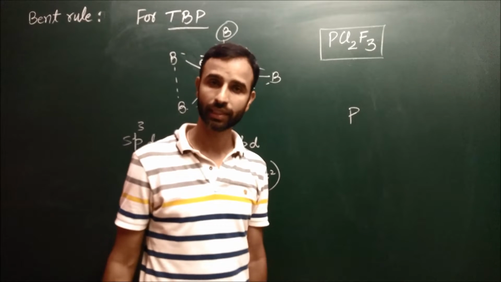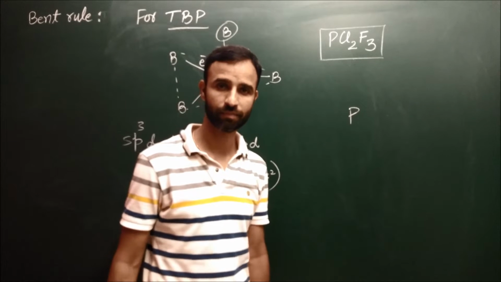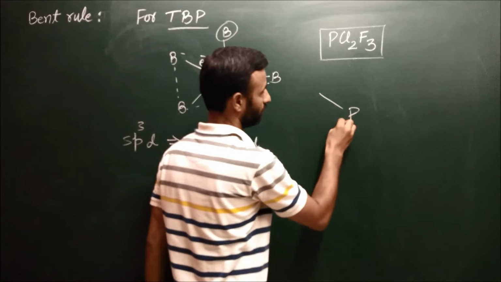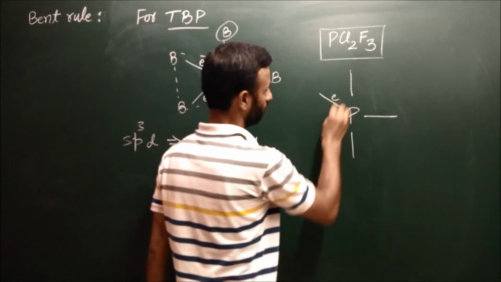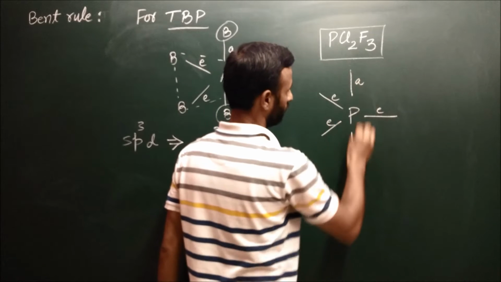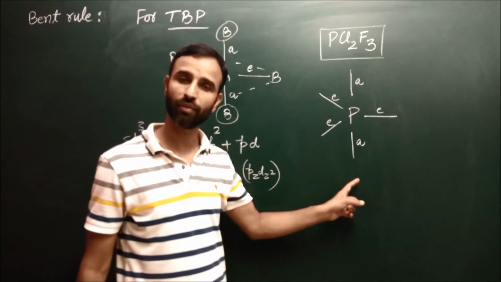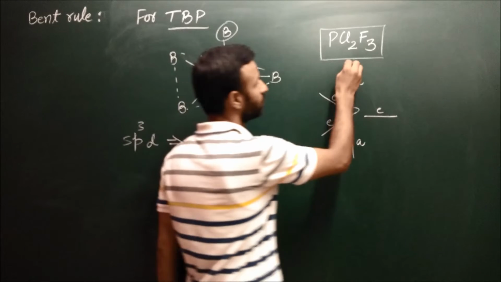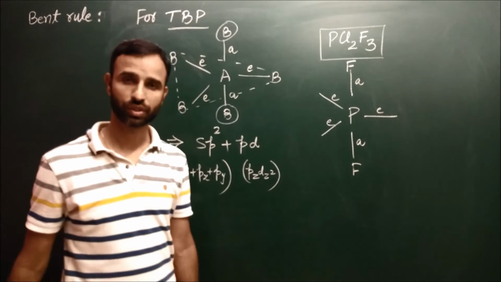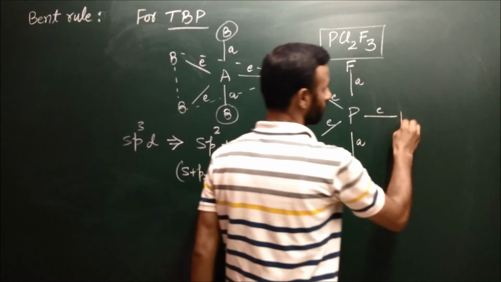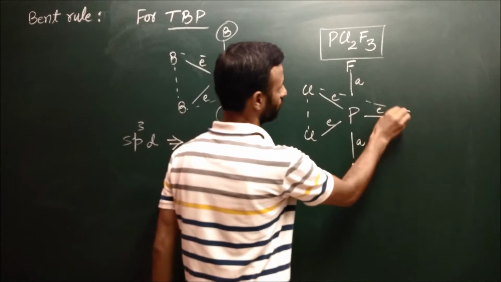So fluorine prefers which position? These are equatorial positions, axial positions. So axial positions are occupied by the more electronegative atom. That means fluorines are on axial positions, and the one left, that is, chlorine is on equatorial. Chlorines are always on equatorial positions.